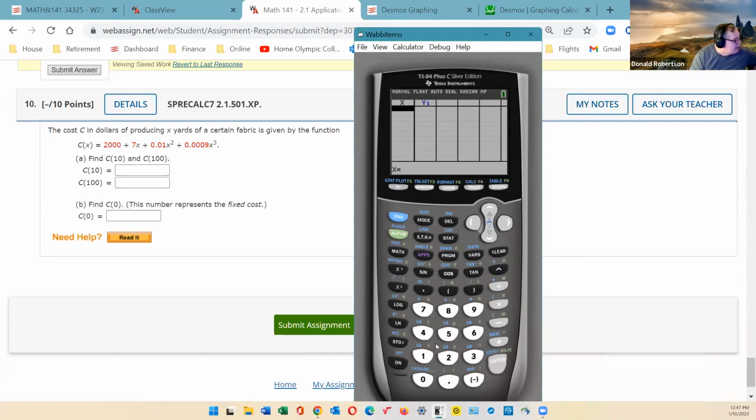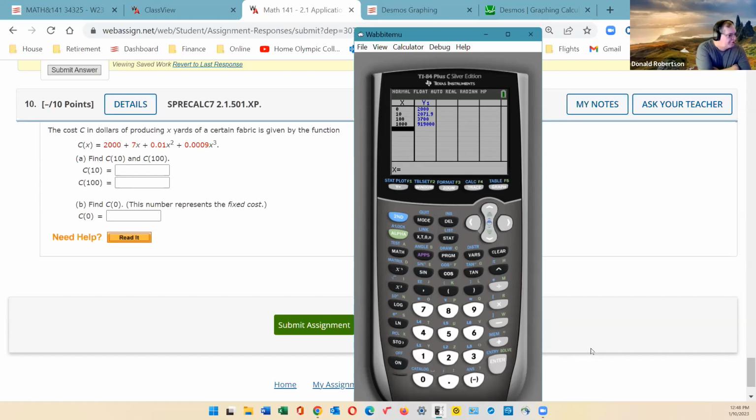Okay, now, if you put in 0, there's that $2,000. If you produce 10, it's going to cost you that. If you produce 100, it's going to cost you that. And if you produce 1,000, it's going to cost you that.